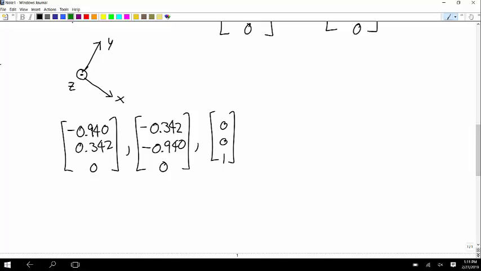So that looks like this. That first one is this direction. This angle's 20 degrees. The second one is this direction.